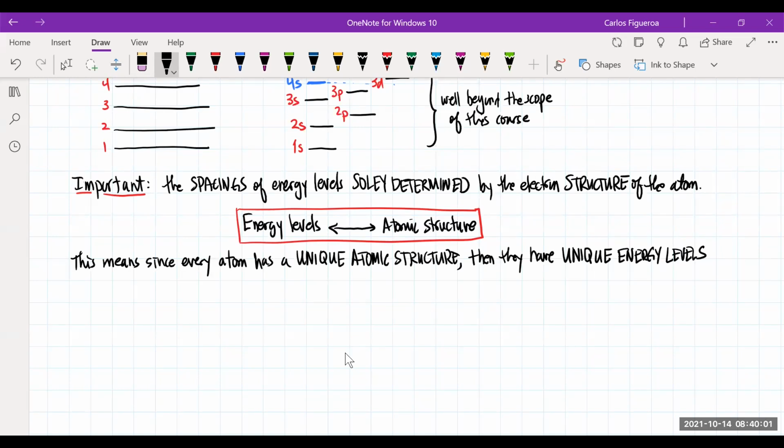And you're going to see that because of these unique energy levels, what we say here is that these unique energy levels are really the fingerprints of an atom. Okay? It's the unique fingerprints of the atom.